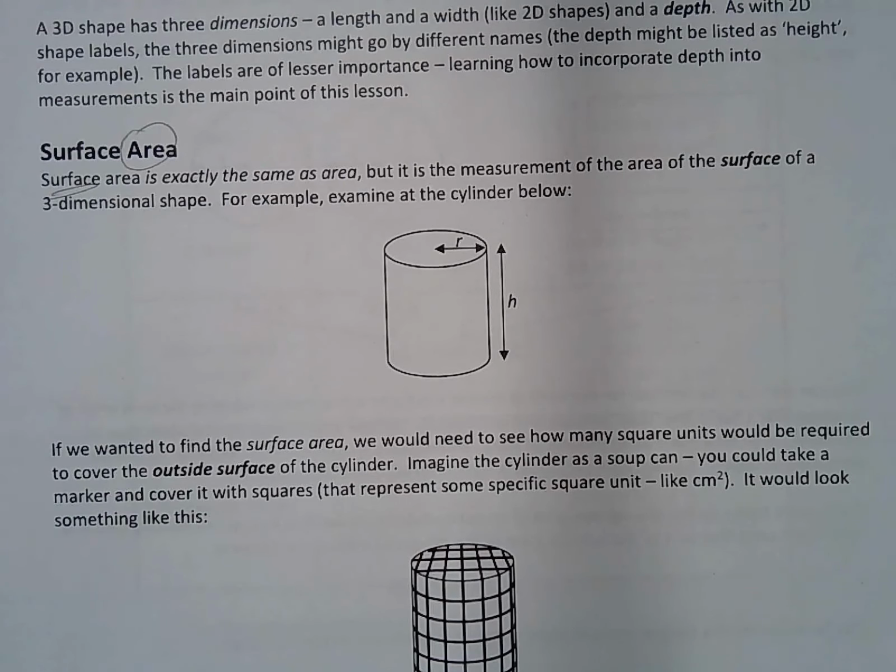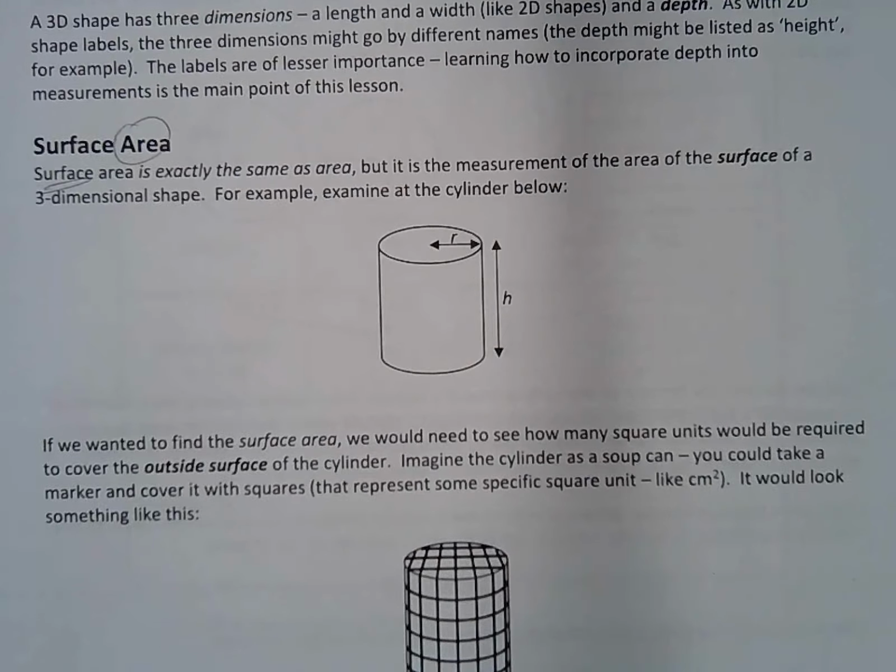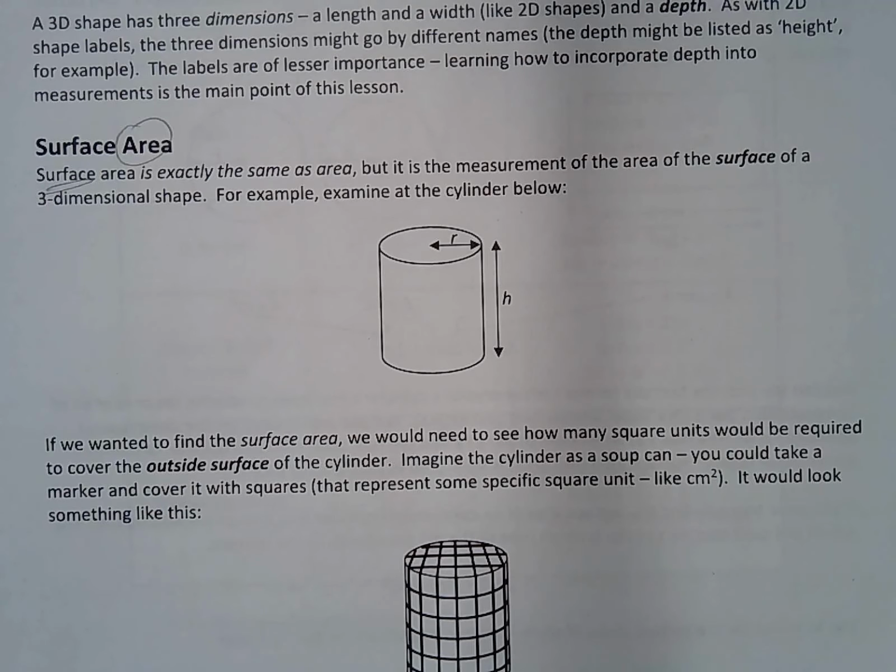Okay, maybe 3. Okay, explain it. So, actually 3. Because you have the top circle, the bottom circle, and then the actual cylinder shape, right? It's like flat like this. So it has three parts in this one.